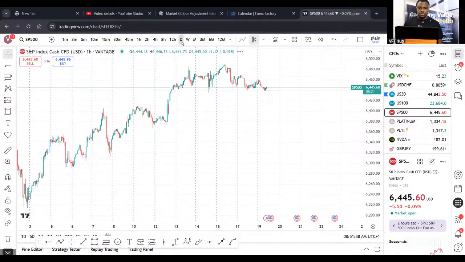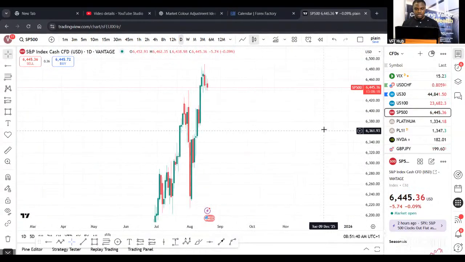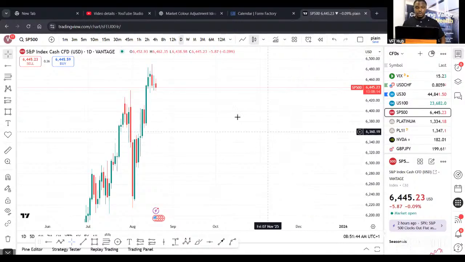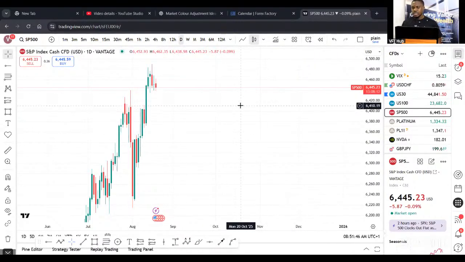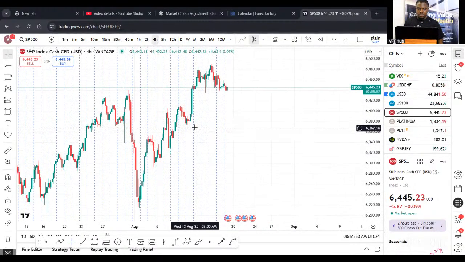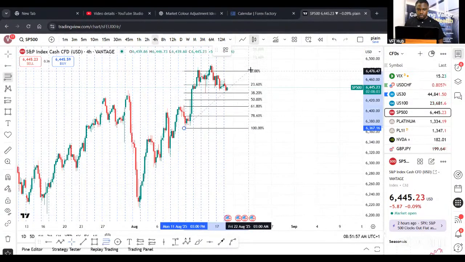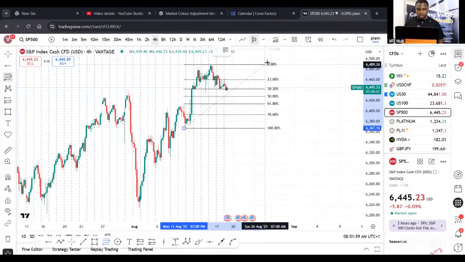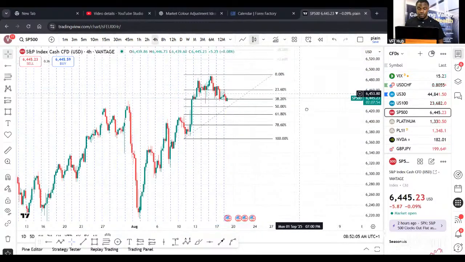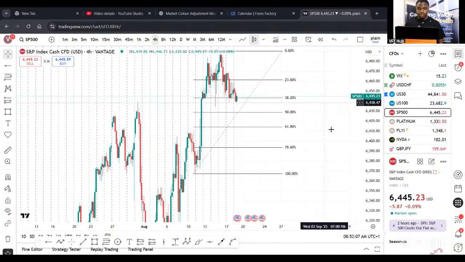S&P 500 is also on the daily time frame very, very much bullish. However, we've not had that much retracement, unlike US 30 and also NAS 100, right? Even on the 4-hour time frame, look at what we have. Let me use my fib. It's really not significant. It's not at a discount level for us to buy from, right?